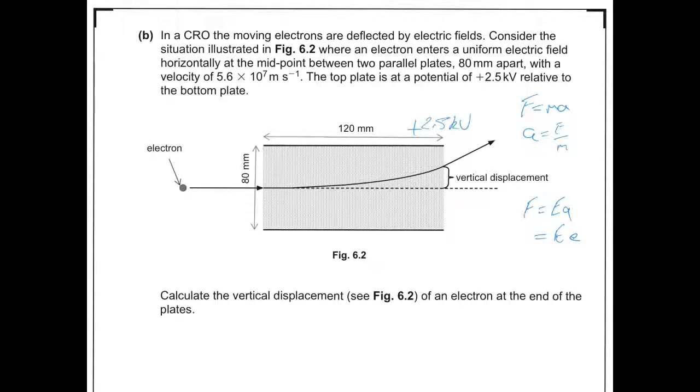So the electric field points down, and that means the force on the particle points up, and that's why it swings up, because the force on a negative particle is opposite to the direction of E. E points in the direction of a positive particle's force, so the force on an electron will point opposite to the electric field. E flows from positive to negative, so E points downward in this case, so F points upwards.